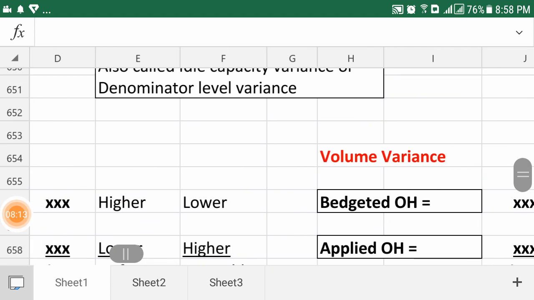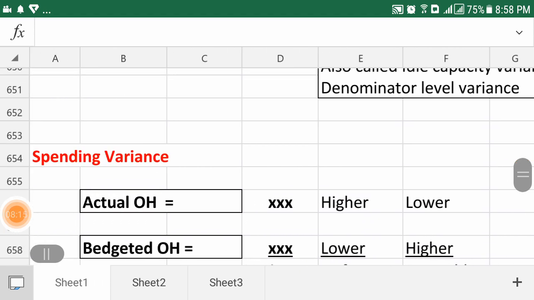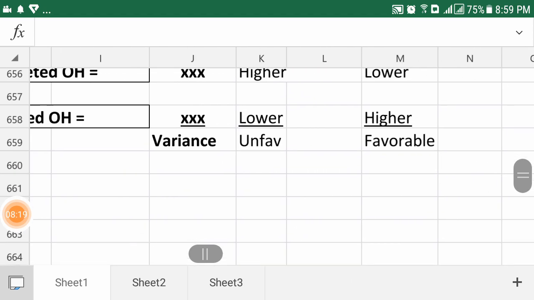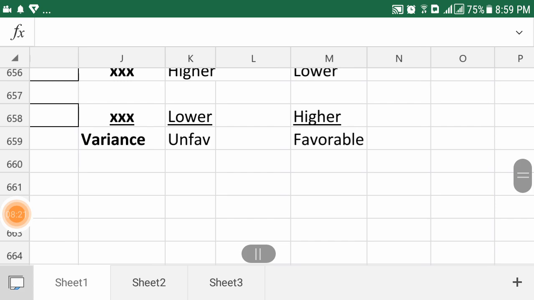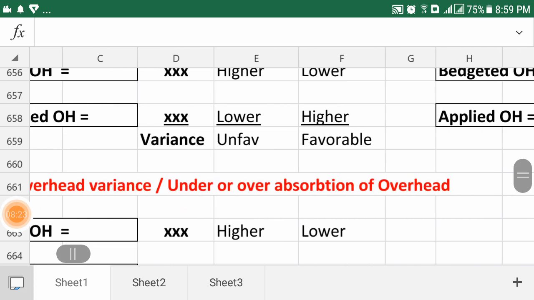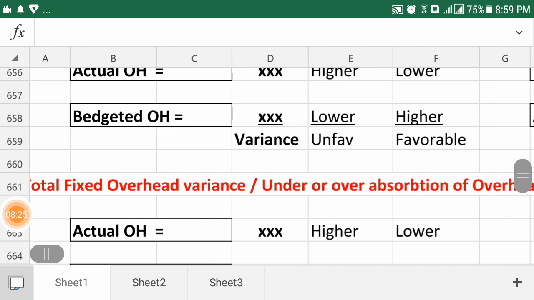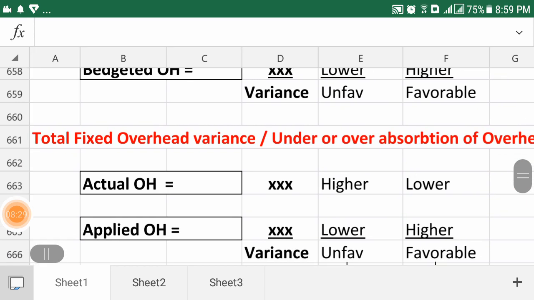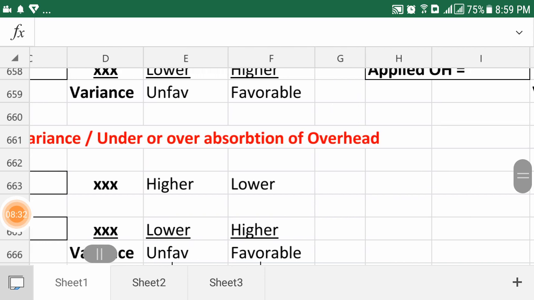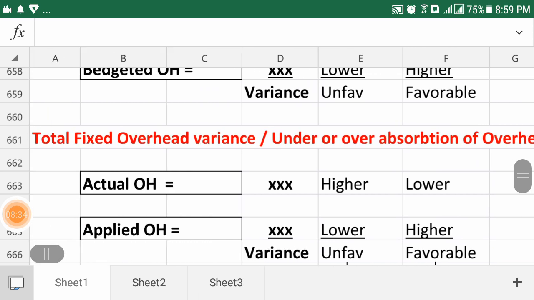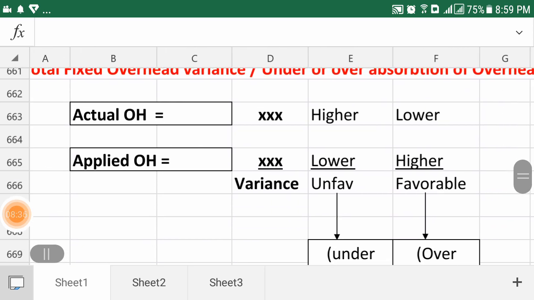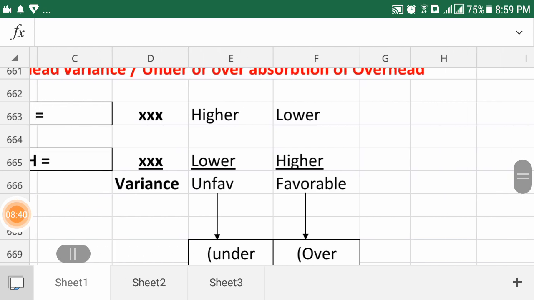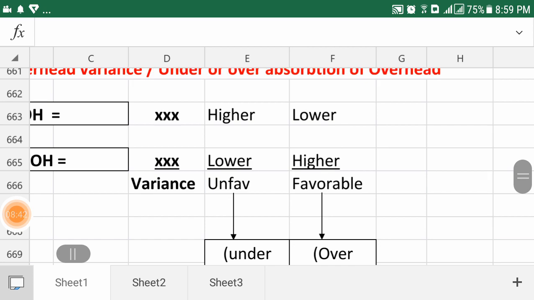For the volume variance and spending variance, this one is when it will be favorable and when it will be unfavorable. We are saying the total fixed overhead variance is under or over absorption of overhead. If actual overhead is higher, then it will be unfavorable, and if it is lower, then it is favorable.